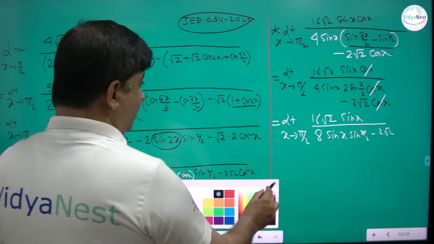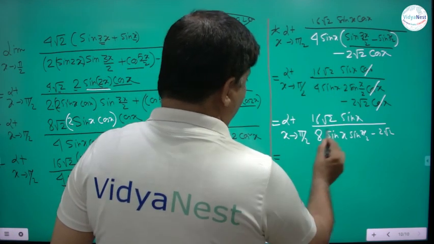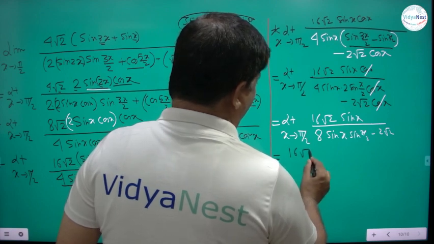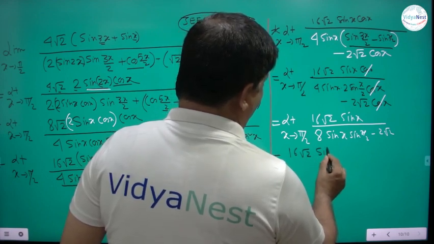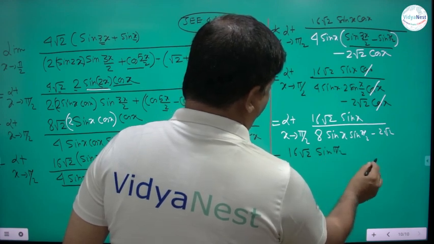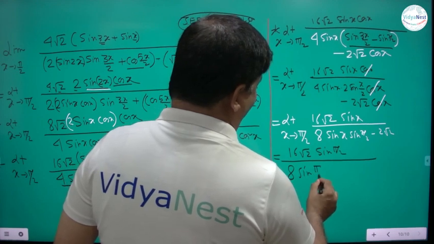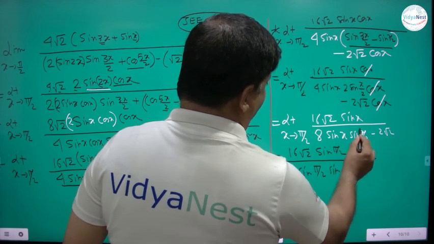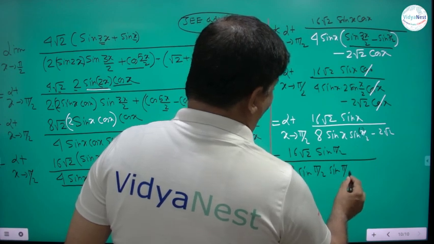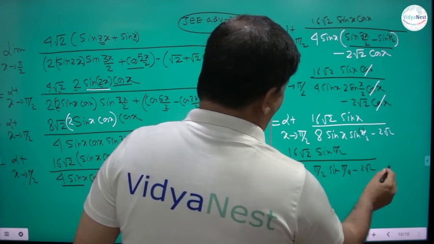So let us put 16 root 2 sin pi by 2 by 8 sin pi by 4 minus 2 root 2.